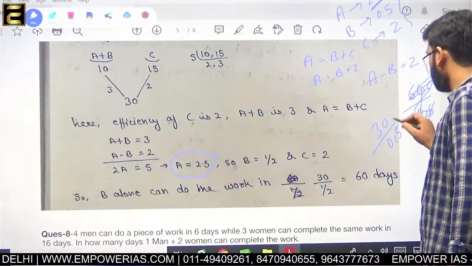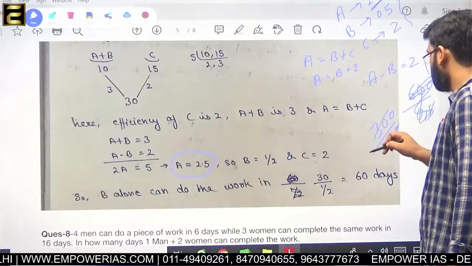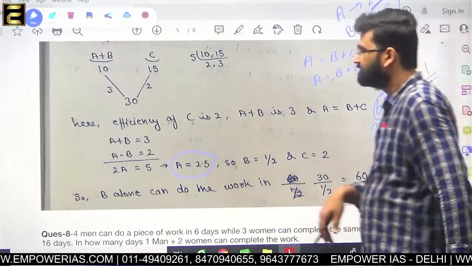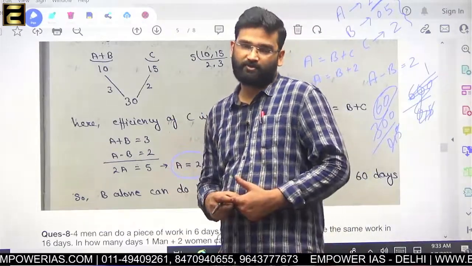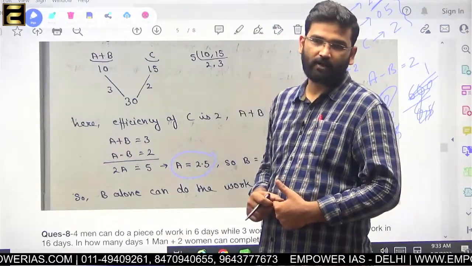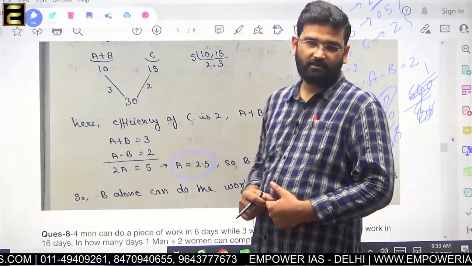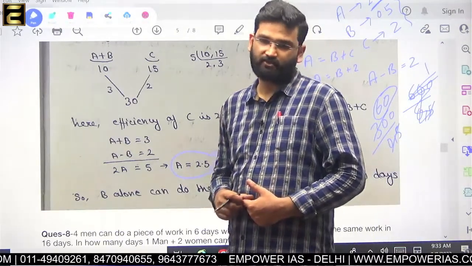When we remove this point, a 0 will come. 5 sixes are 30, so it is 60. It means that 60 is the total number of days required by B to complete the work mentioned in the question.